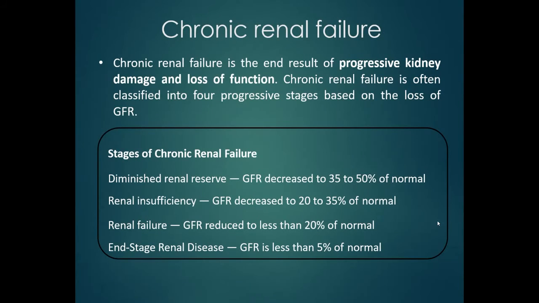Okay, next is chronic renal failure. Chronic renal failure, which is the end result of progressive kidney damage or loss of function. That means this is the end of your kidneys working. Okay, there are four stages of chronic renal failure.